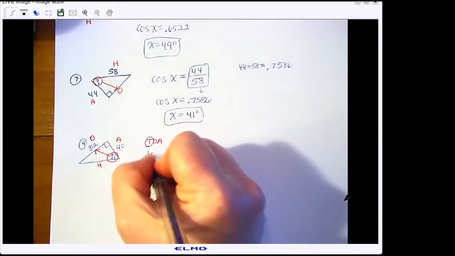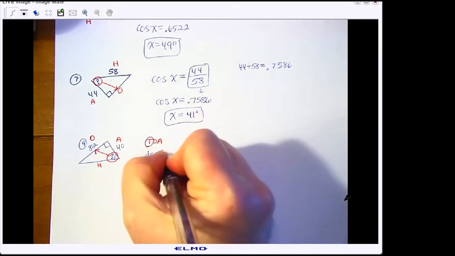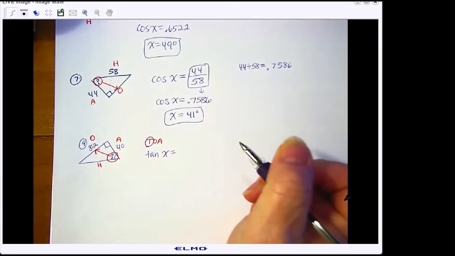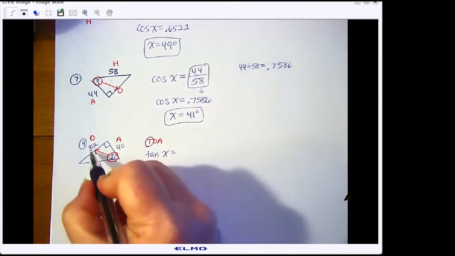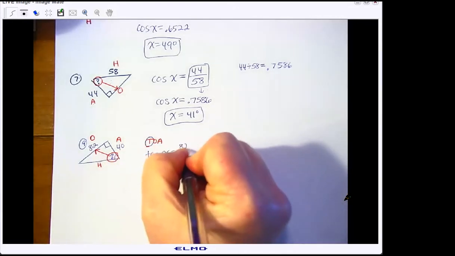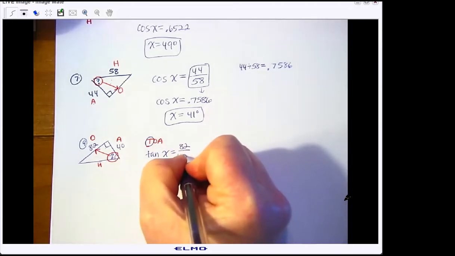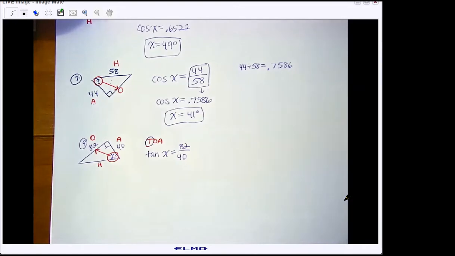I have the tangent of my angle that I need to find is equal to my opposite, 82, over my adjacent of 40. And then we solve. Go ahead and solve that and put your answer in the chat box.